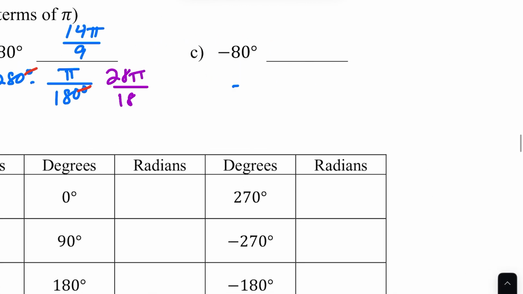And then same thing for negative 80. We're going to multiply by pi over 180, divide both by 10, get negative 8 pi over 18, which reduces down to negative 4 pi over 9.